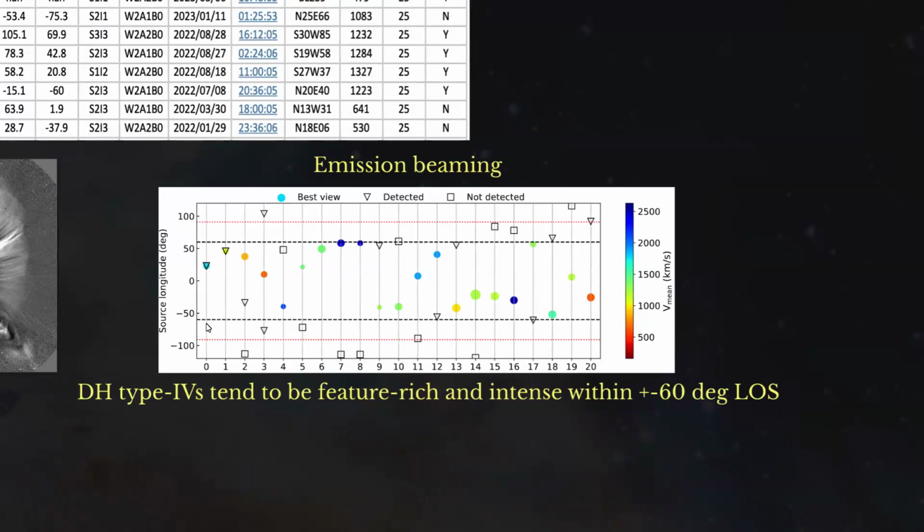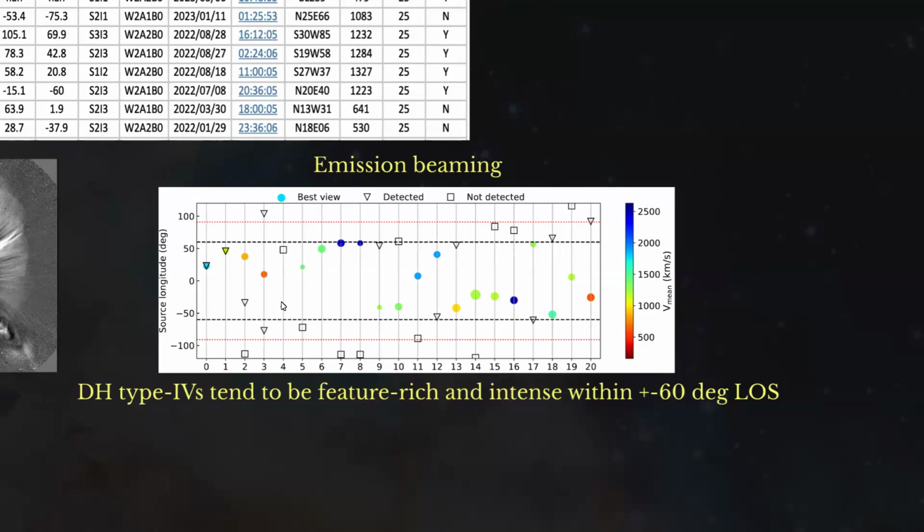And the y-axis is basically the line of sight, or the source location as seen in the satellite, which is basically your line of sight to your post-eruption arcade. And these colored dots are the best observed events, by which I mean the event was the most intense and lasted for more time and more frequency extent. So you observed the grandest of the type 4 among the different recorded ones, in some sense.